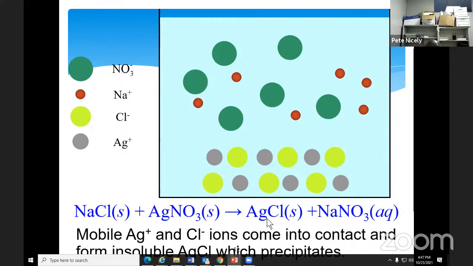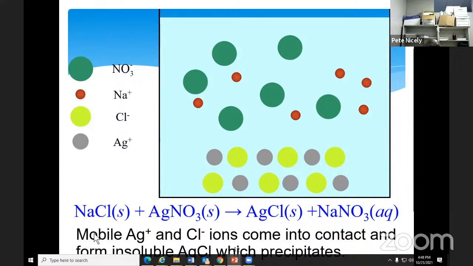And the reason why this reaction will take place is because when you add these two to water, then the ions are now free to move around, and therefore the silver ions will freely combine with the chloride ions to form the silver chloride solid, all right? So therefore, we have a precipitate of silver chloride being formed as a result, all right? So that's the reason why a reaction will take place when these two solids are dissolved in water.